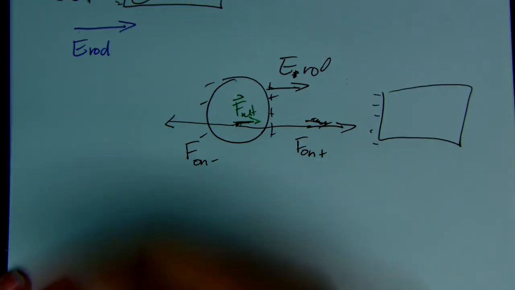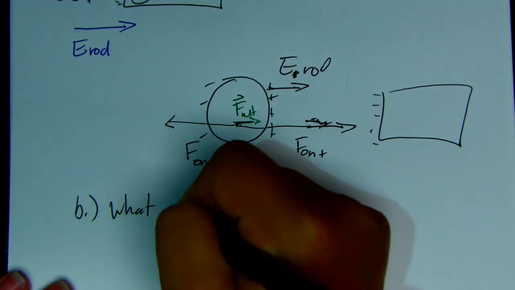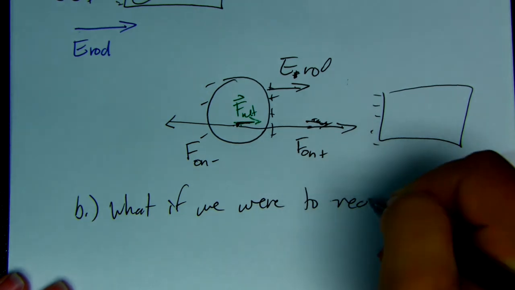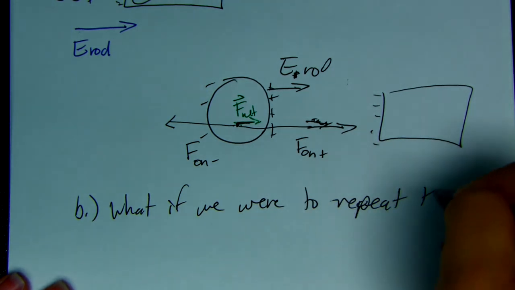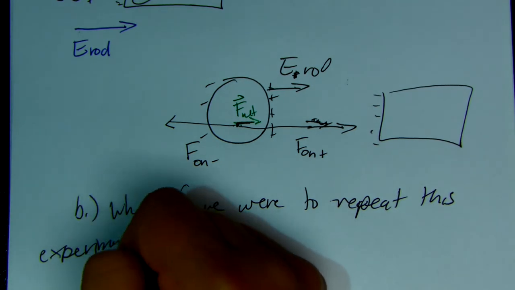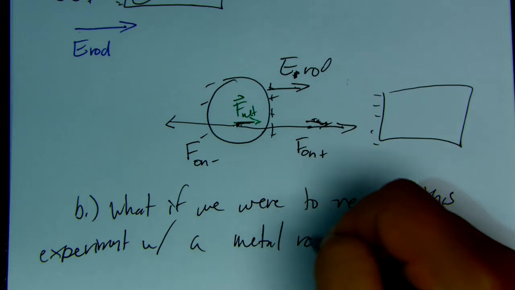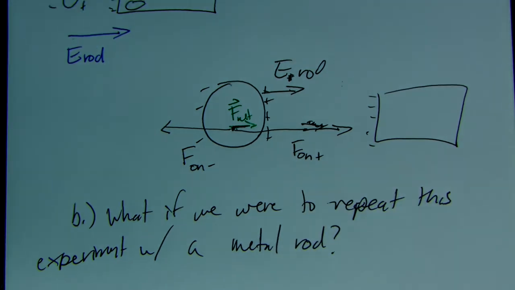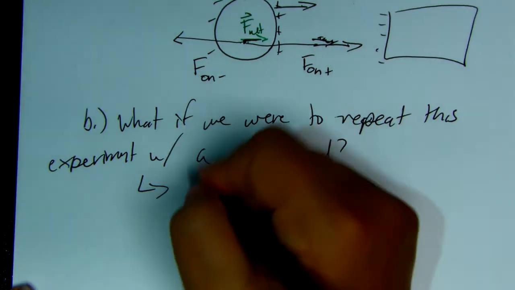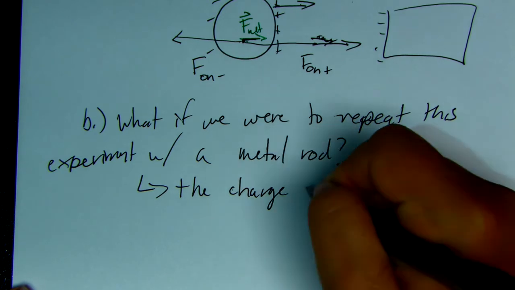All right, so what if we were to repeat this experiment with a metal rod? What then? First of all, let's think about how the charge deposits.